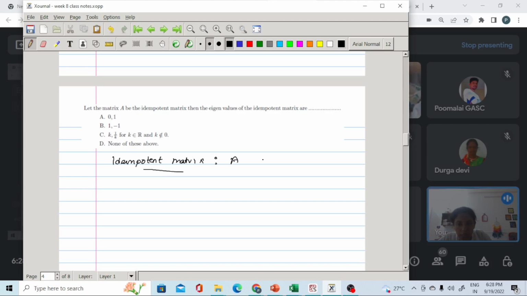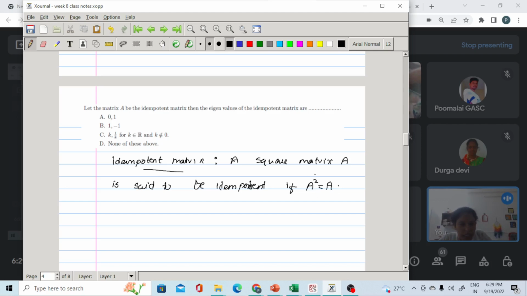A square matrix is said to be idempotent if A square equals A. So we need to find what the possible eigenvalues are for an idempotent matrix.